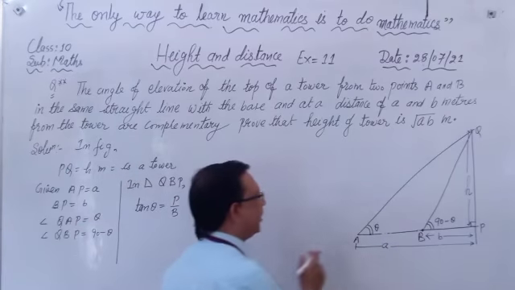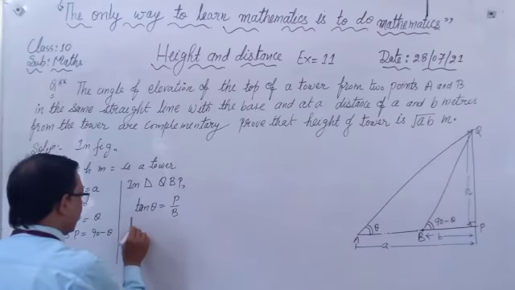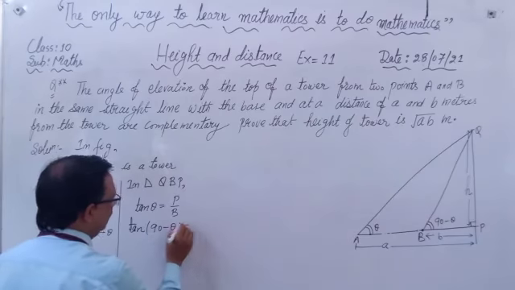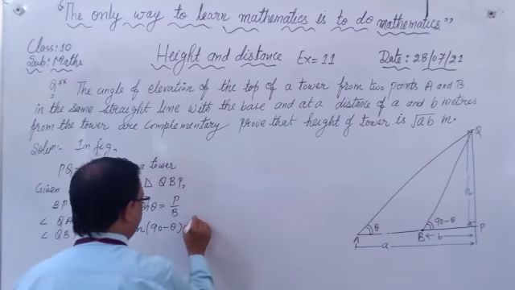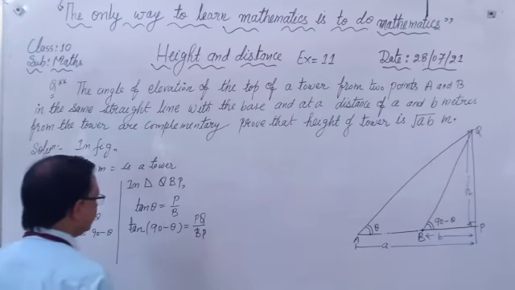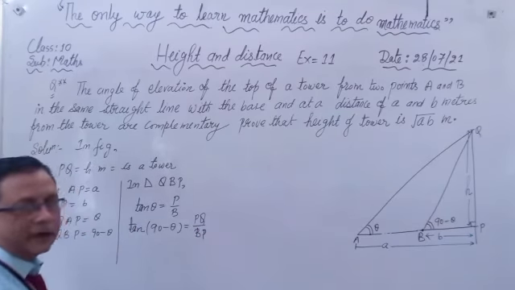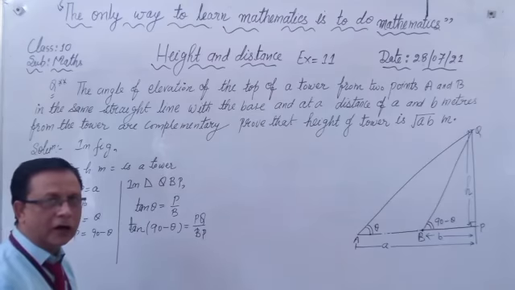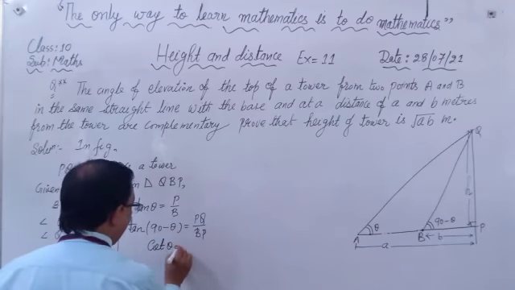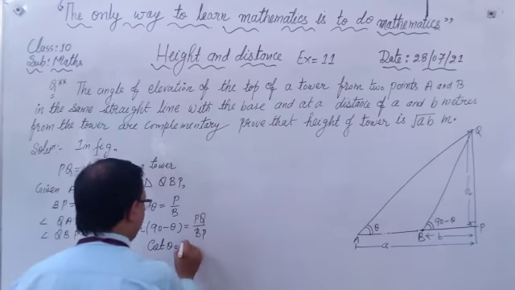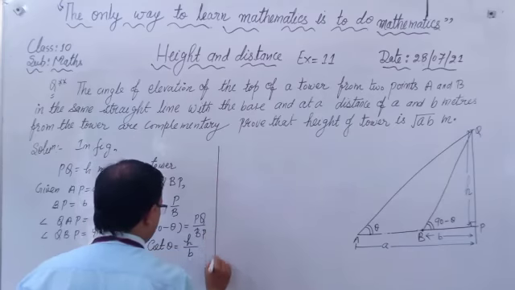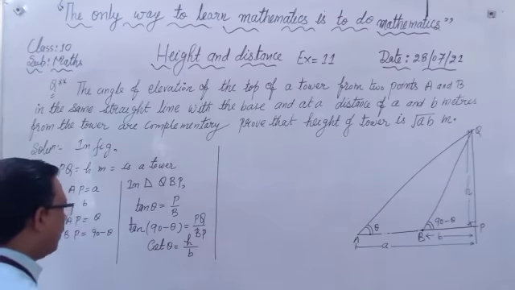So tan 90 minus theta is equal to perpendicular PQ upon base BP. We know that tan 90 minus theta is cot theta. So this becomes cot theta, and the value of PQ is h and BP is B. So from here we find the value of cot theta as h upon B.